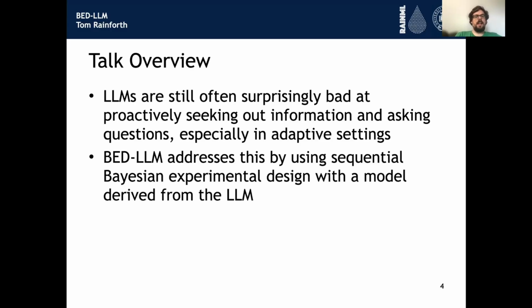What I'm then going to present is this approach called BED-LLM, and this is going to combine these large language models with the idea of sequential Bayesian experimental design, which is a much more formal statistical framework for gathering data and running experiments.